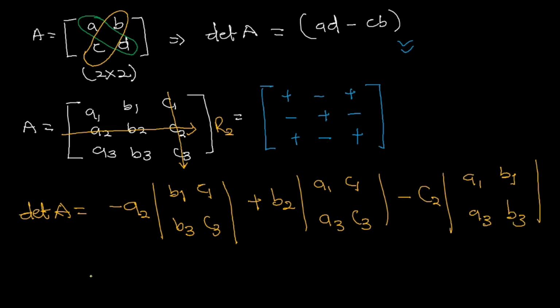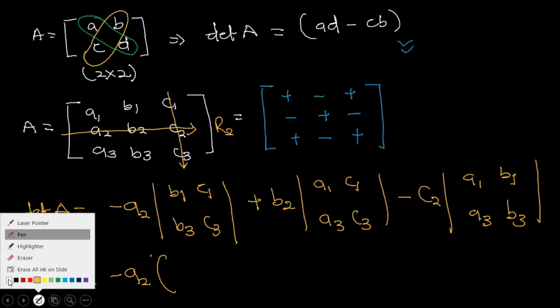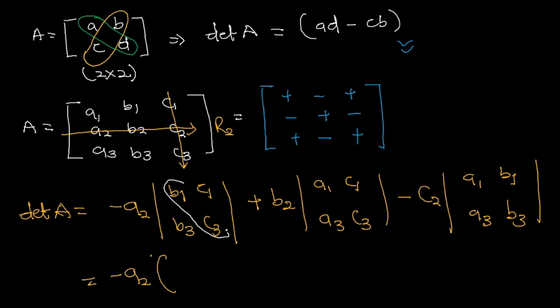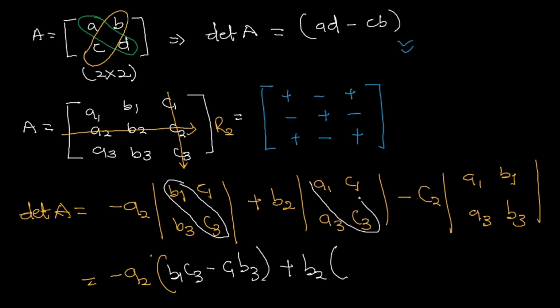So just like in the first case, we are going to have negative A2, then into bracket. So we are going to multiply the leading diagonal first. Okay, we multiply these first, then we subtract these from it. So it's going to be B1 C3 minus C1 B3. Okay, then plus B2 into brackets. We multiply the leading diagonal first.